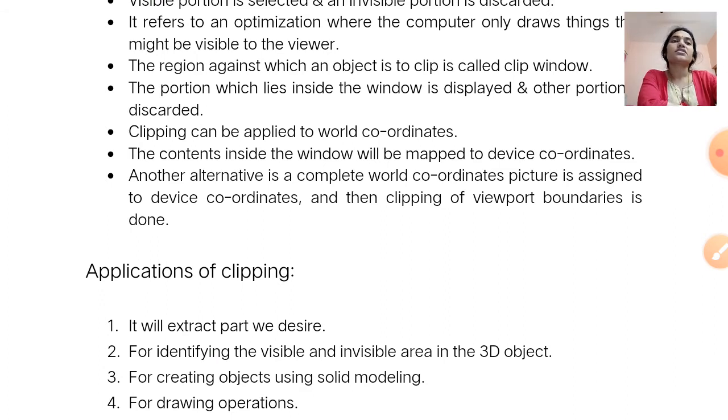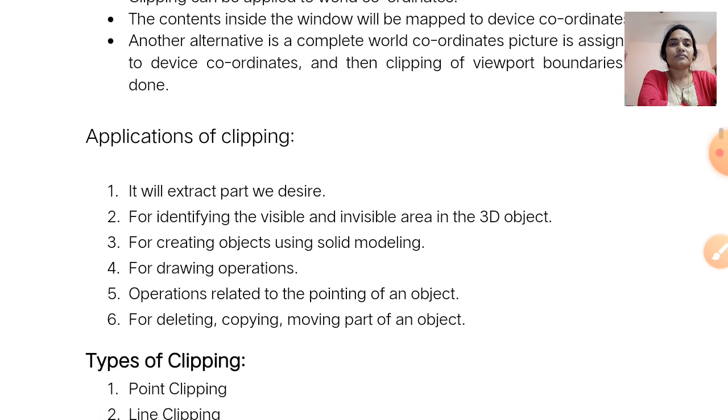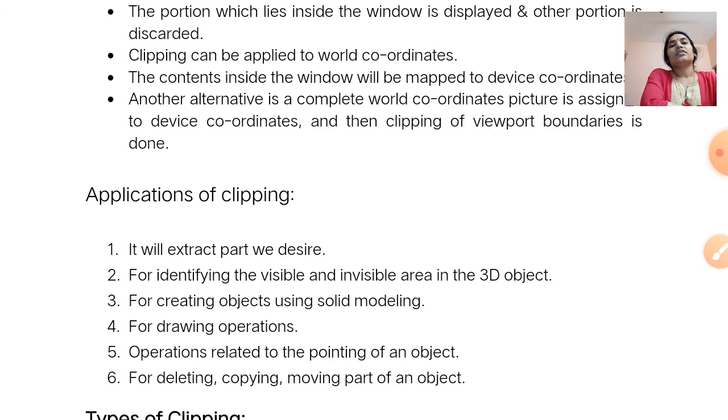Let us discuss the applications of clipping. It will extract the part which we desire. It is used for identifying the visible and invisible area in a 3D object, and also for creating objects using solid modeling.